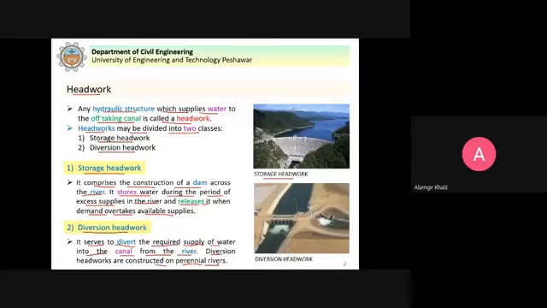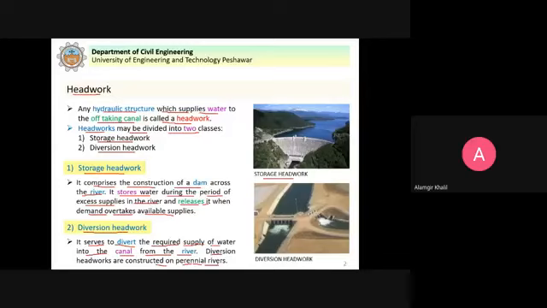So rivers in which throughout the year water is flowing, perennial rivers. So these headworks are constructed on perennial rivers, and we divert the water to the off-taking canals. And we already studied about the canals, that the water is then supplied to meet the agricultural needs. Additionally, the water can be supplied for domestic purposes also.